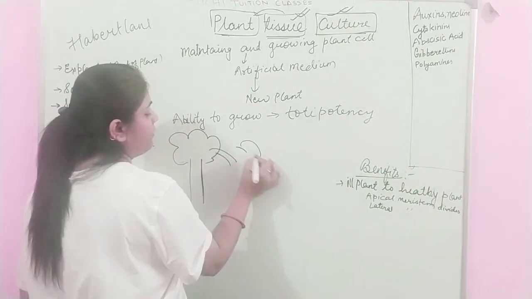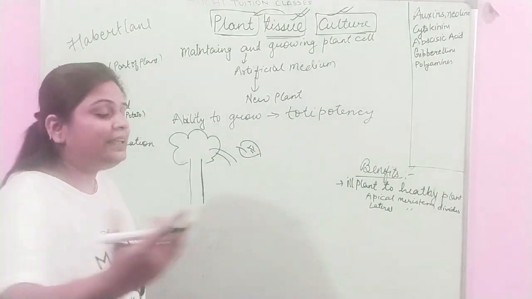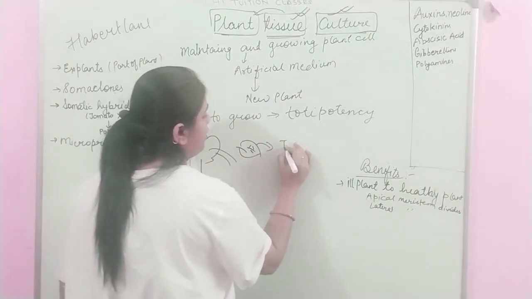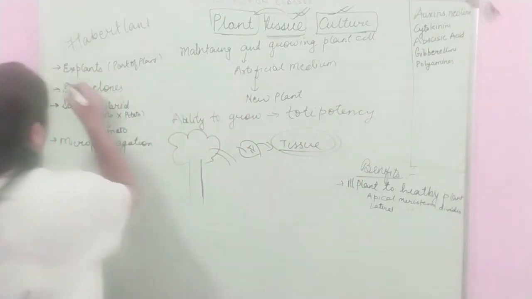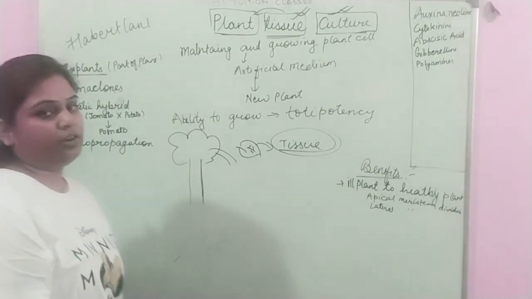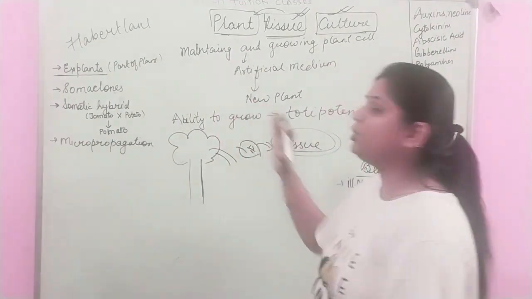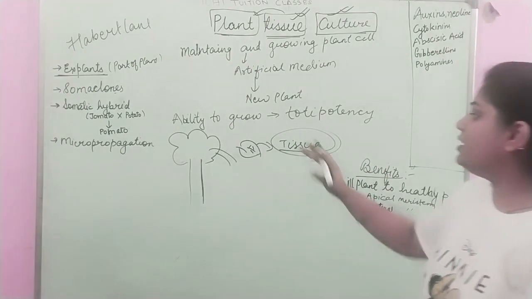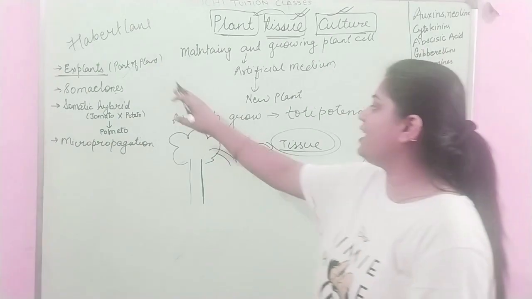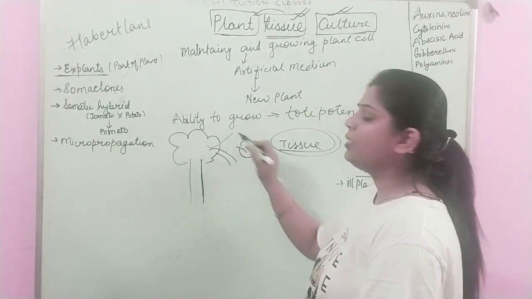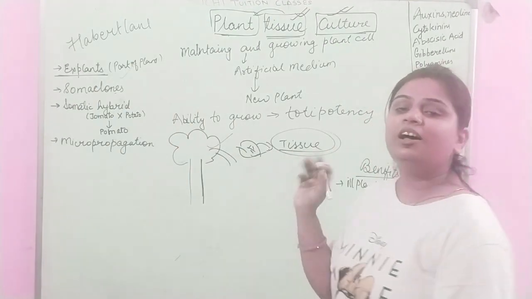We have taken a leaf from that tree, and from that leaf we have taken a piece of tissue, and this tissue is called an explant. The part of the plant which we take to produce a new plant is called an explant.